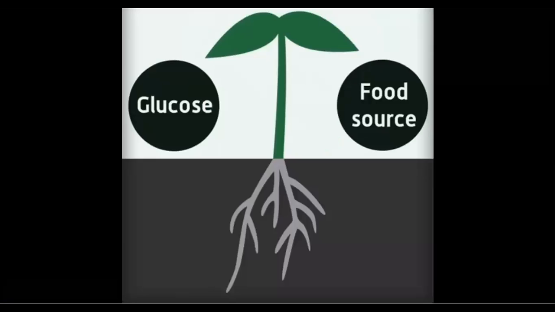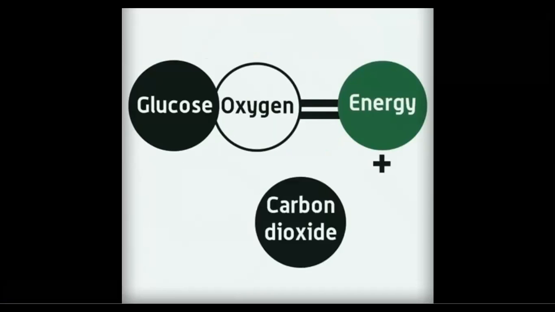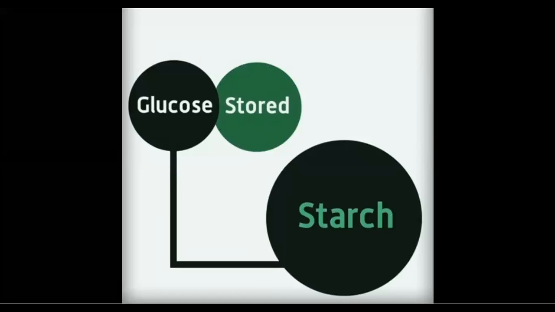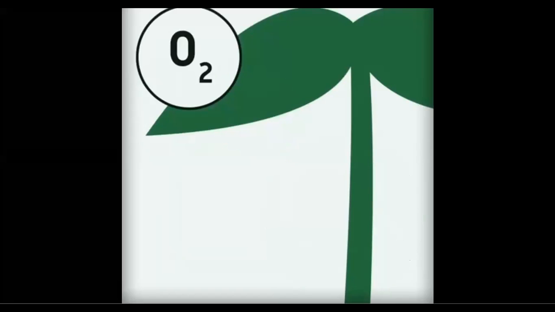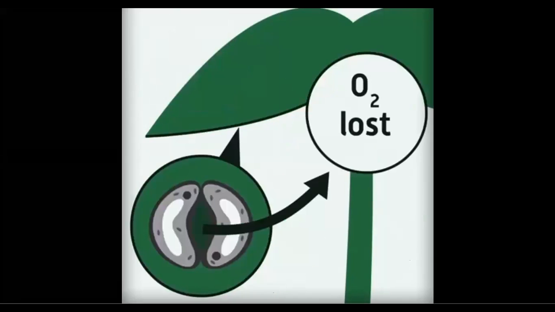Glucose is the plant's source of food, and this can be used up straight away or stored. Glucose used for respiration reacts with oxygen to form energy plus carbon dioxide and water. Glucose to be stored is converted into other substances such as starch. A small amount of the oxygen formed during photosynthesis is used for respiration. The rest is lost to the air through the stomata.